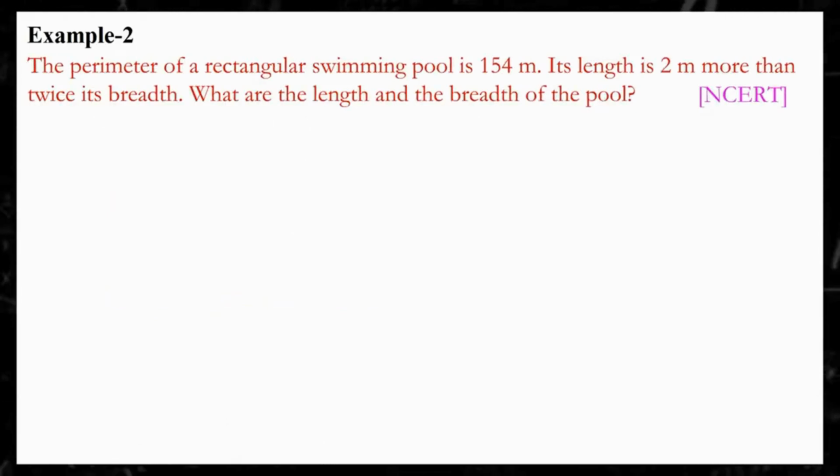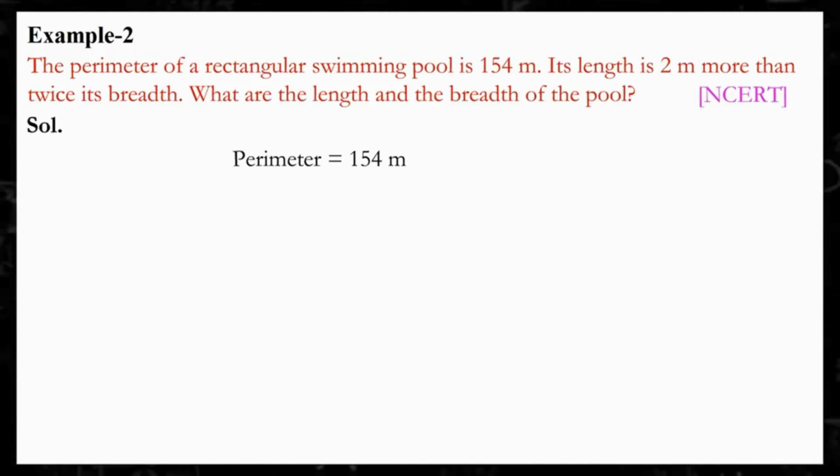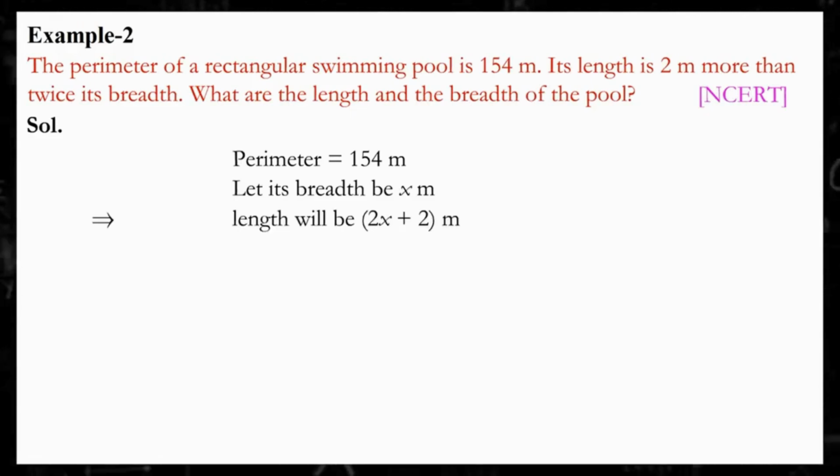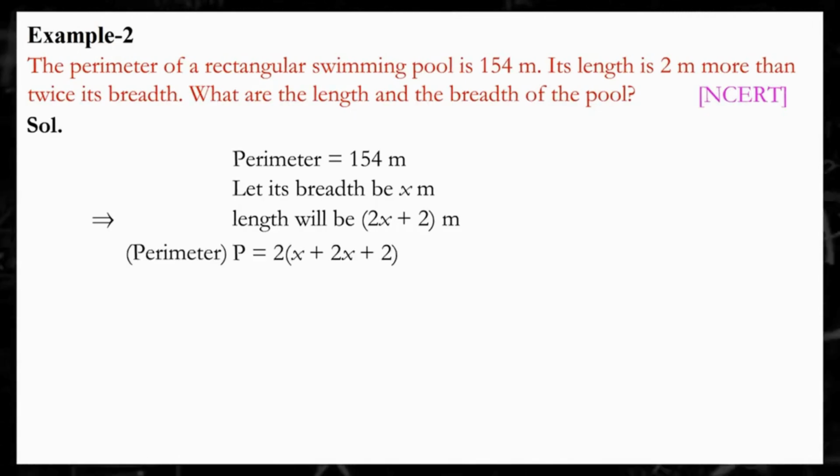Example 2. The perimeter of a rectangular swimming pool is 154 meters. Its length is 2 meters more than twice its breadth. What are the length and breadth of the pool? NCERT. Solution. Perimeter is equal to 154 meters. Let its breadth be x meter. This implies length will be (2x plus 2) meters.